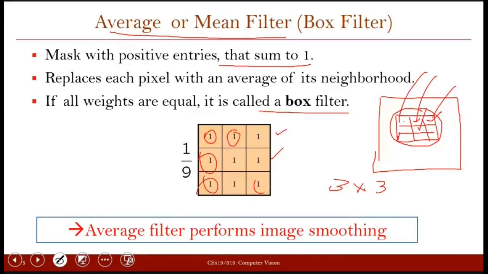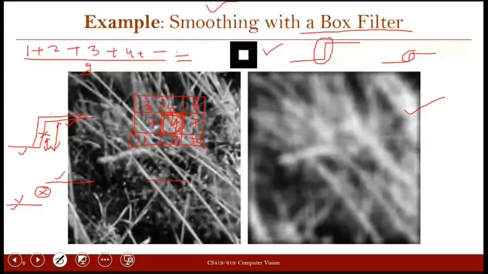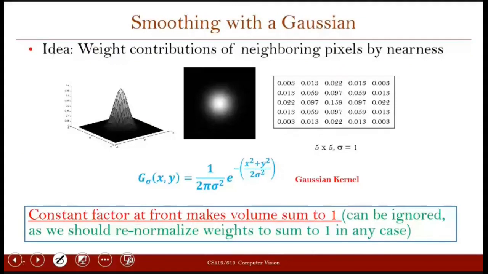All the neighbors are given equal weight. Okay, but now it is very obvious to think that when you are performing the operation in your big image, let's say you have a very big image here.